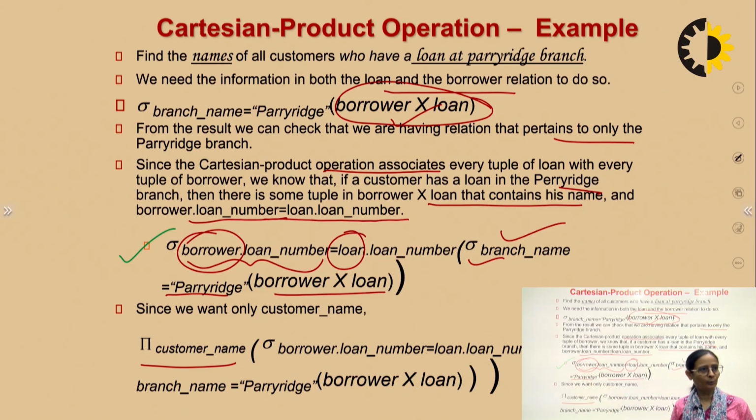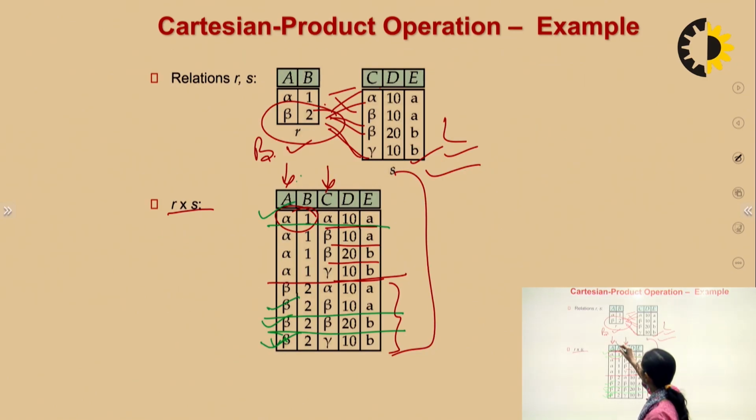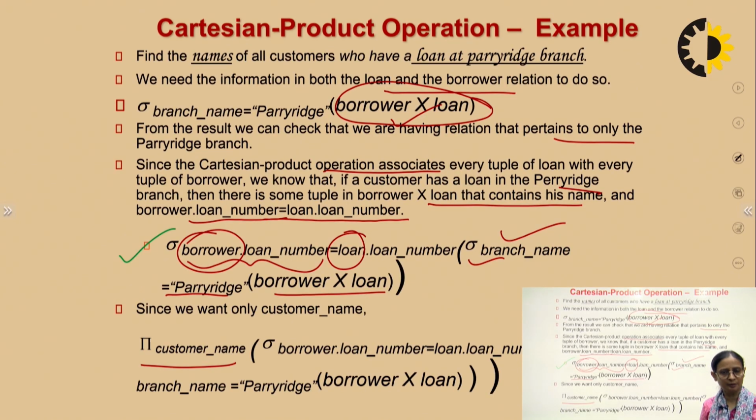But I need only the customer name. Let's suppose this is my customer name. So these are the 3 instances in my intermediary result. So I applied the projection on the attribute customer name.